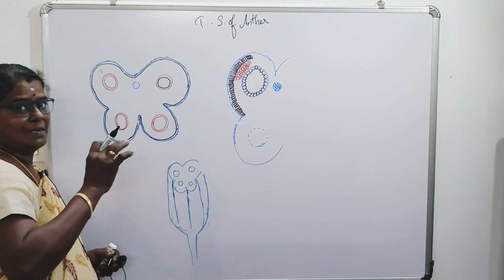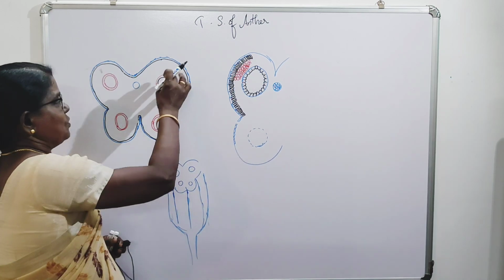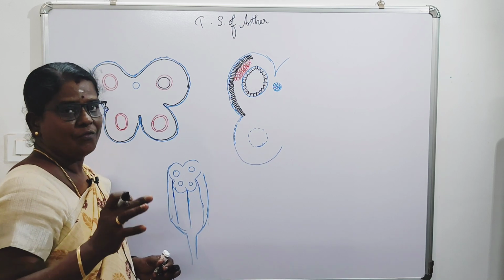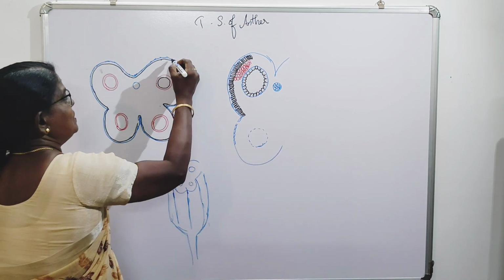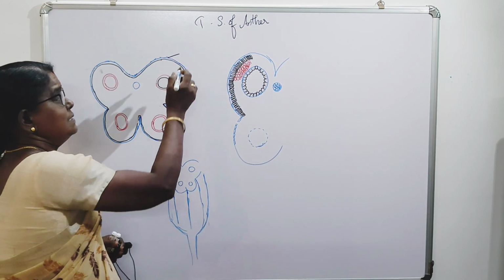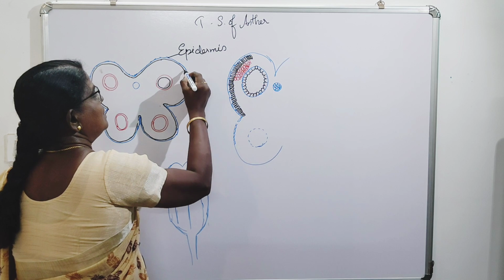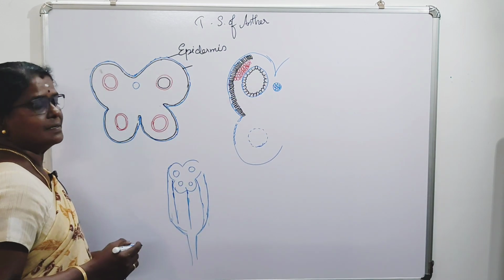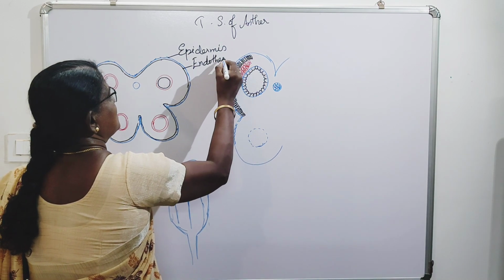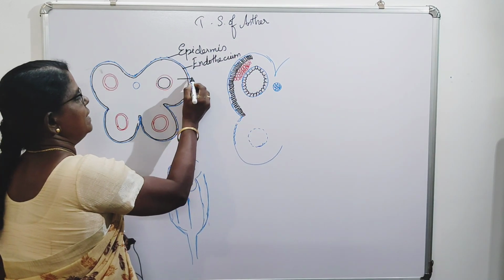Okay, so now we will learn the detailed or internal structure of anther. First we will learn the wall of anther. The wall of anther is formed of four layers. This is the outer layer, known as epidermis. Here is the next layer, the second layer, known as endothecium. Here this is the middle layer.